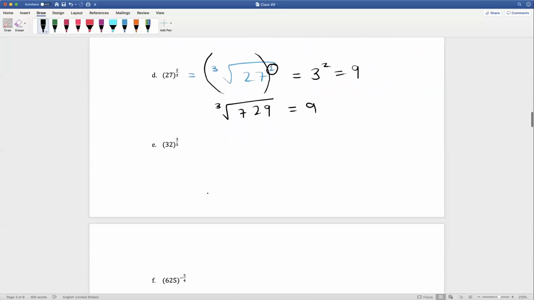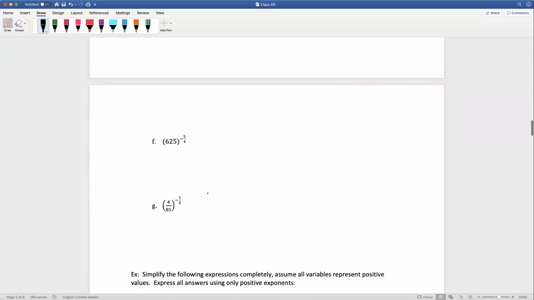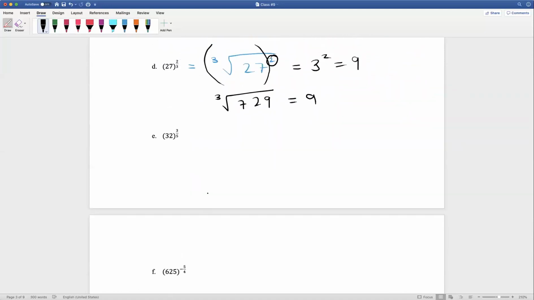Okay, we have 3 more examples of this type. Let's try 32 to the 3/5 power. 32 is our radicand. 3 is our exponent. 5 is our index. If I'm checking on my calculator, 32 to the 3rd power is 32,768. And figuring out the 5th root of that is going to be a giant pain.